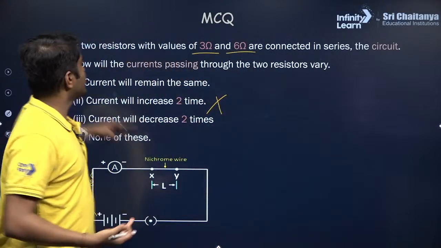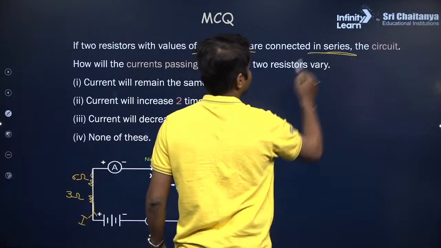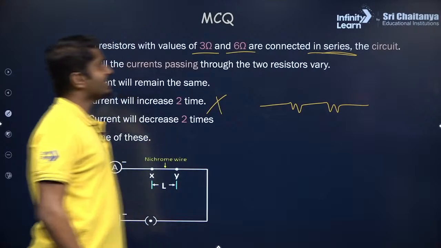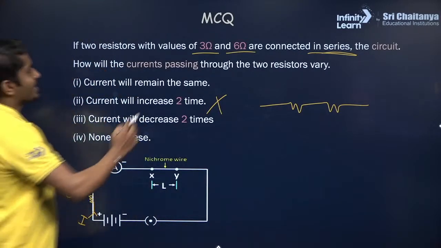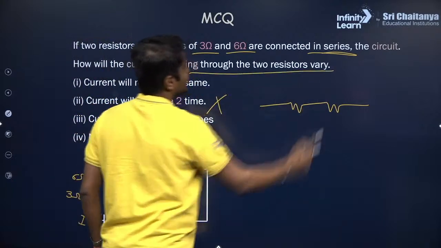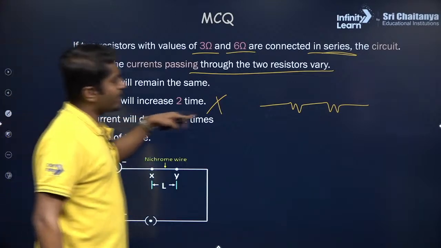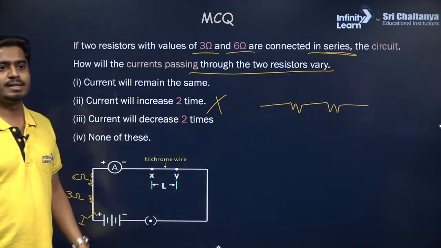Again, read the question. The 2 resistors are connected in series. These are the 2 resistors connected in series. So the current passing through the 2 resistors, will it be same or will it be different?